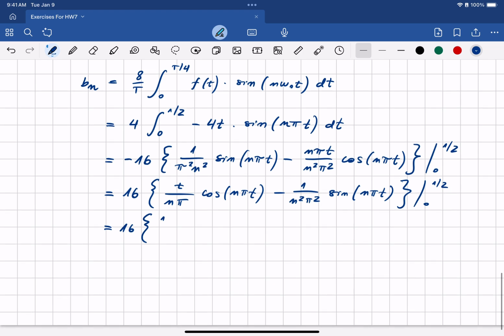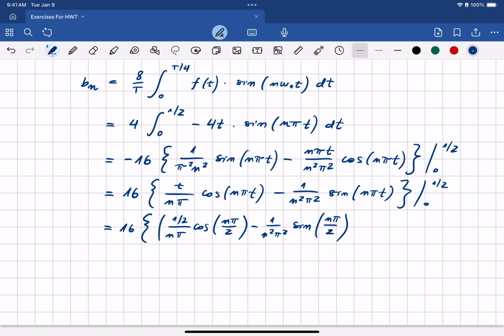So that is going to be, let's make the first term, 1 over 2 n pi cosine of n pi over 2 minus 1 over n squared pi square sine of n pi over 2. Again, we're replacing t equals 1 over 2 here, minus this same function evaluated at t equals 0.